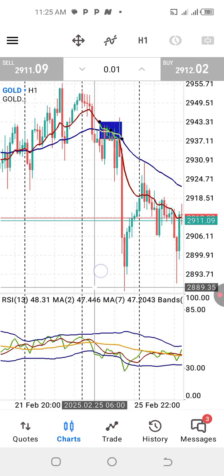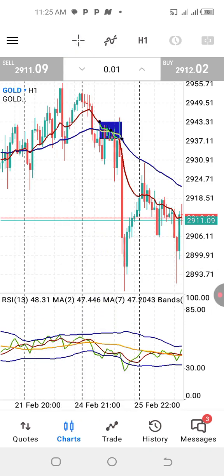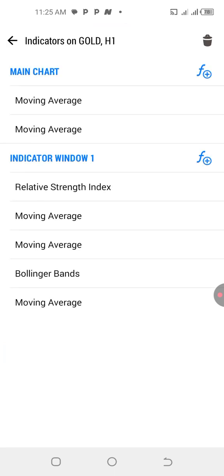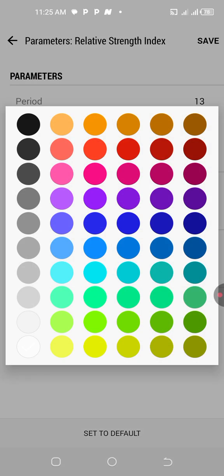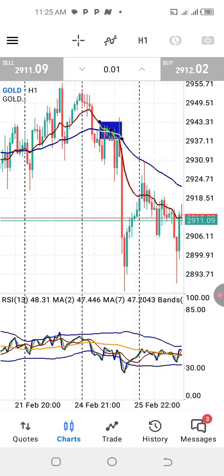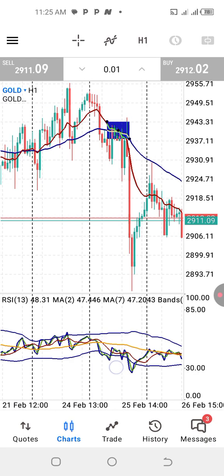So are you seeing this green line? Let me just do this. Are you seeing this blue line which I've just added, the one which is closer to the green line right here?